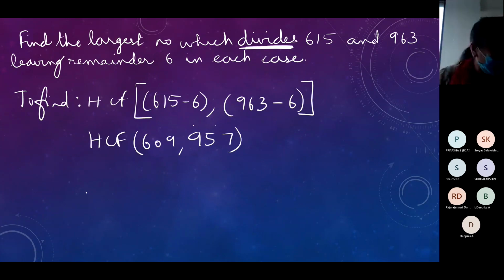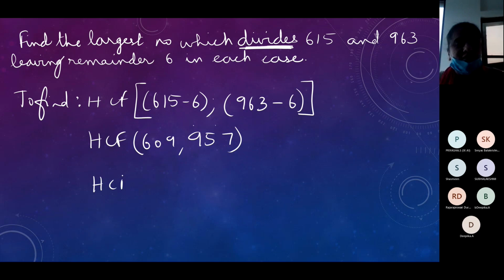87. Yes, 87. So you work out the HCF and Kanishka says it is 87. So the required number is 87.